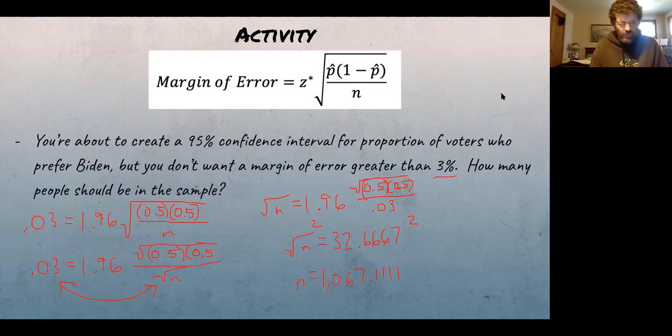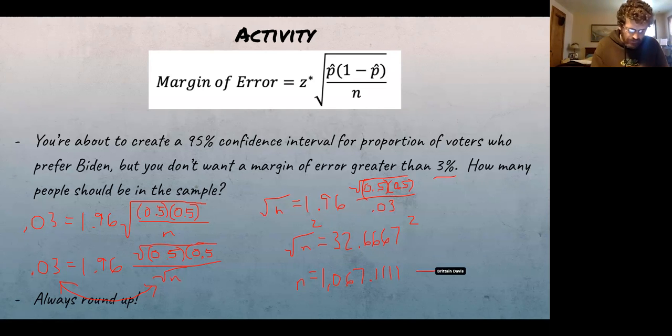So keep in mind, we want to make sure that our margin of error is no greater than 3%. If I round down right here to 1067, it doesn't sound like much, but then theoretically our margin of error will be greater than 3% because we didn't have quite enough people. So we always want to round up. Even right here, when I have 1/9 of a person left over, I'm going to round that up.